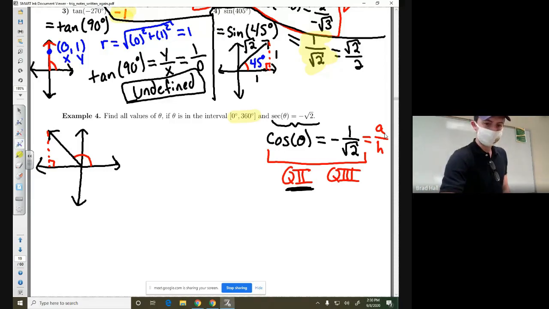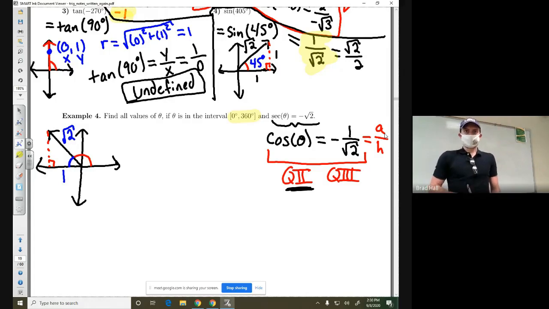So if we had a reference angle, what would be adjacent, I'm just going to put the numbers for now, and the negative sign we'll worry about in a bit. Adjacent would be 1. The hypotenuse would be the square root of 2. Now, of course, that negative's got to go to one of those, and it cannot ever be the hypotenuse. So we'd have to go to this one, which makes sense because it goes to the left.